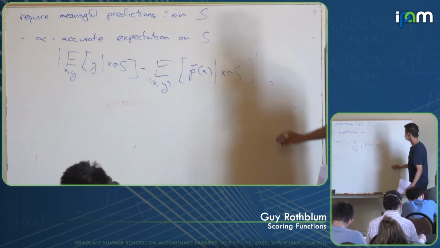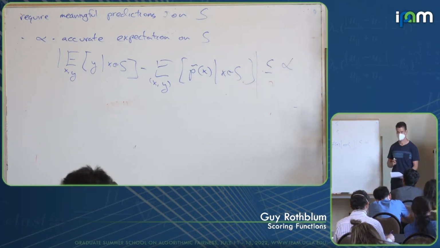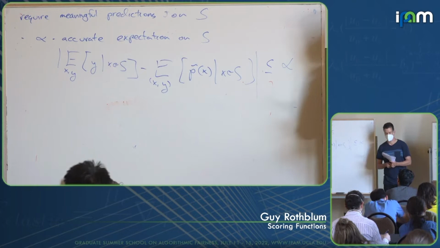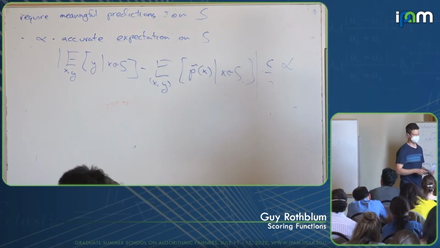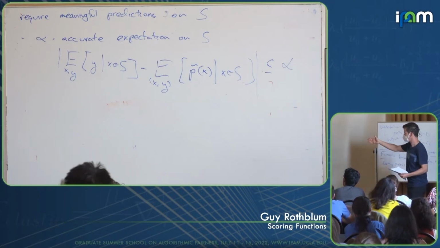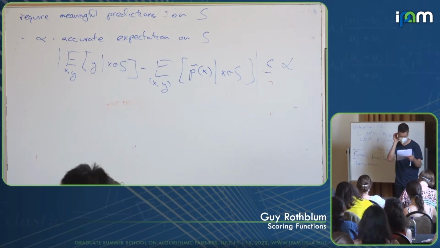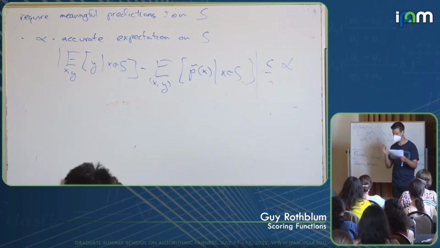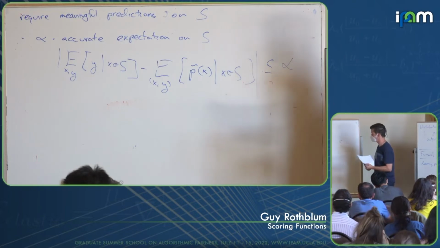So I want the difference to be at most something like alpha. Okay, so if on average the probability that an applicant in S returns the loan is 90%, then the average of the predicted probabilities should also be 90%. A very minimal requirement of meaningfulness for the probabilities assigned to the members of S.